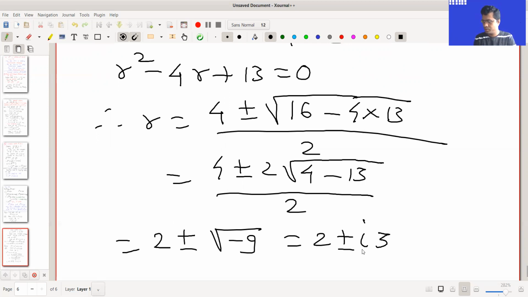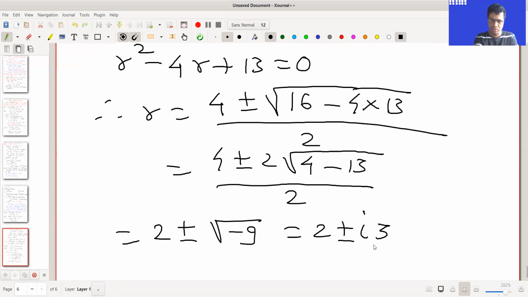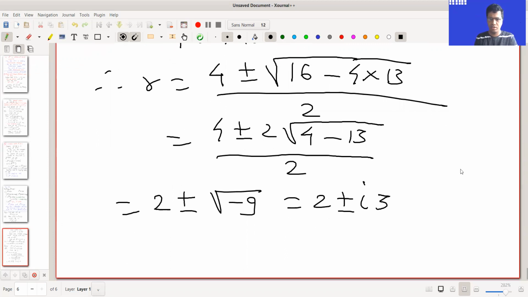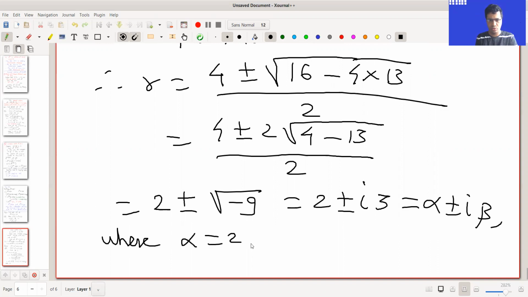So these are roots, and we can call this alpha plus minus i beta, where alpha is 2, beta is 3.